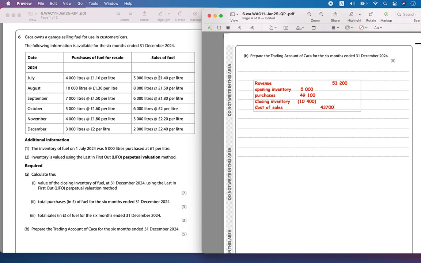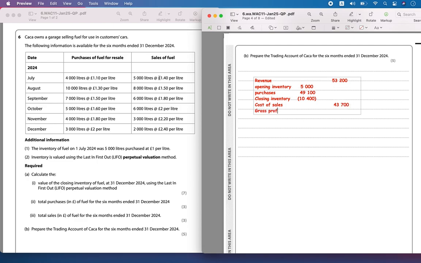So that is 43,700. The gross profit for the year will be equal to revenue minus the cost of sales.